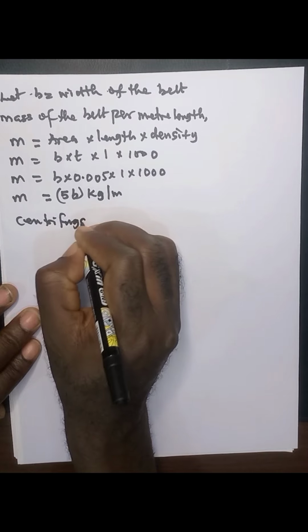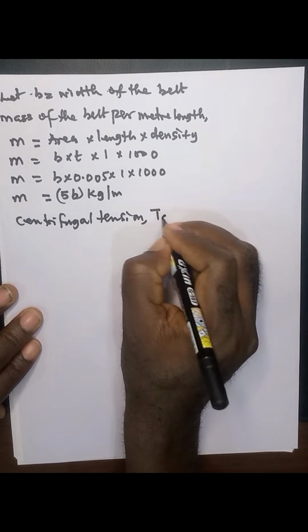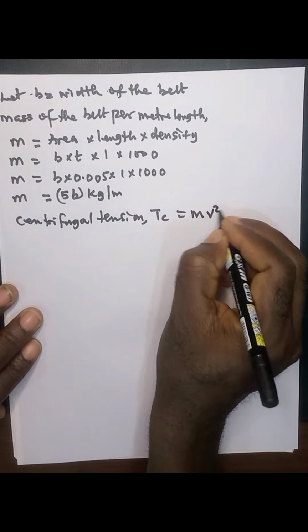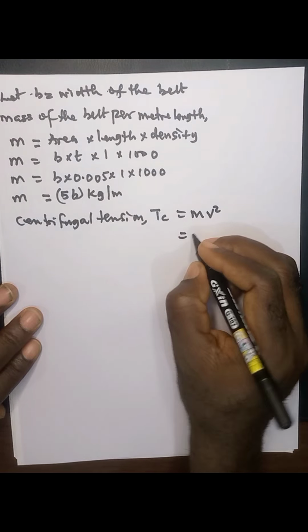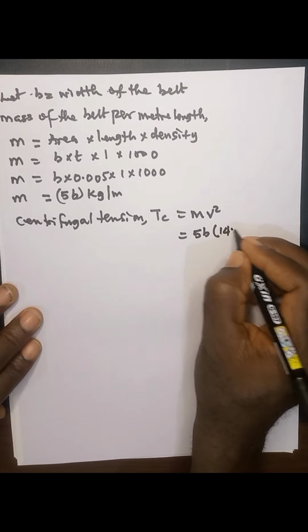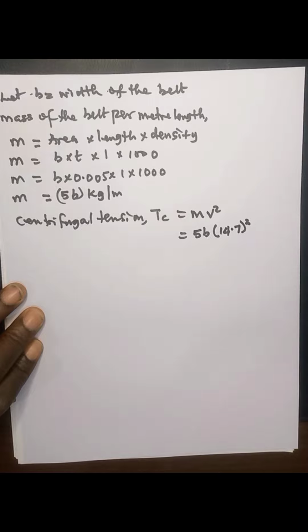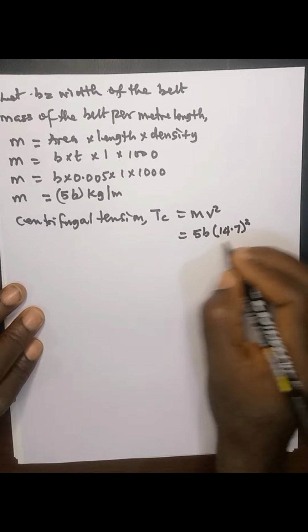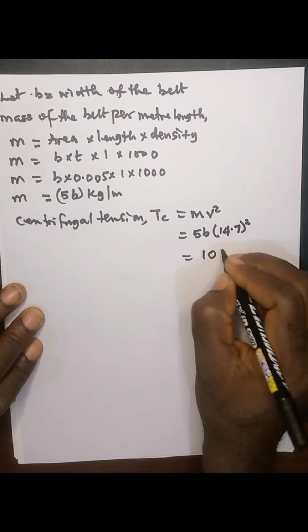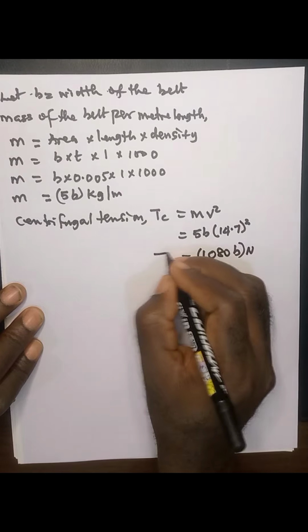Then also we are going to consider the centrifugal tension. Centrifugal tension TC is equal to mv square, which is equal to the mass 5B multiplied by 14.7 square. Then from here, when we evaluate, we are going to have 1080B measured in Newton.